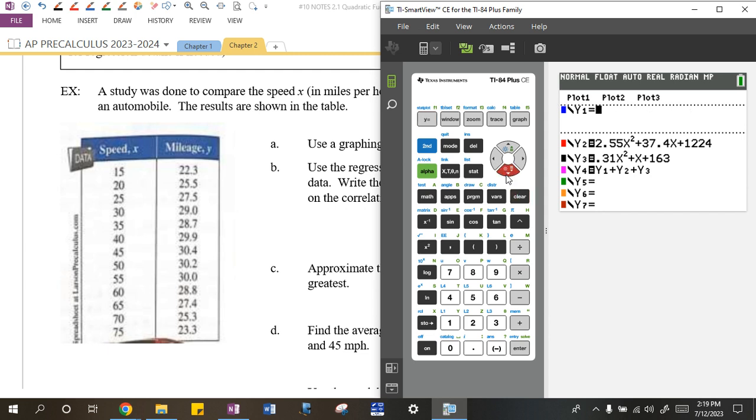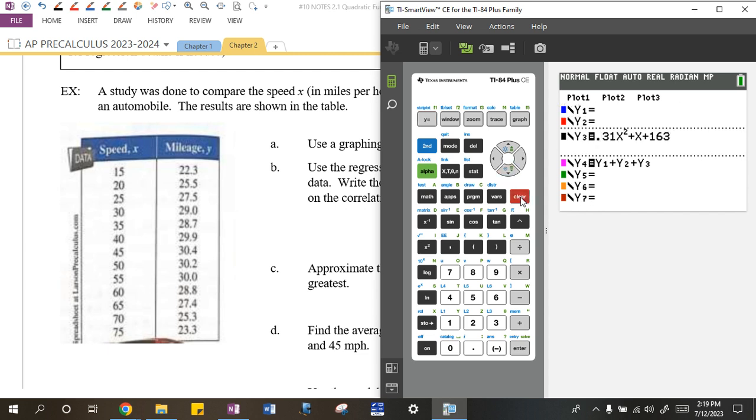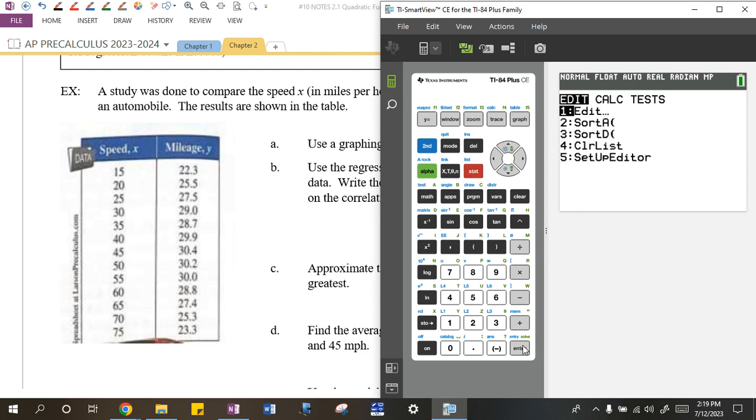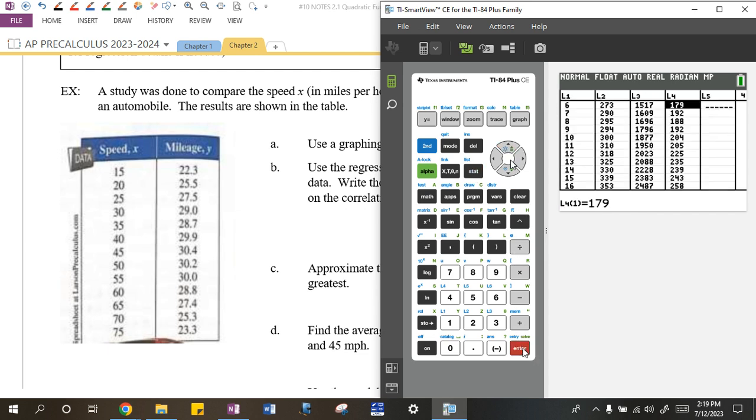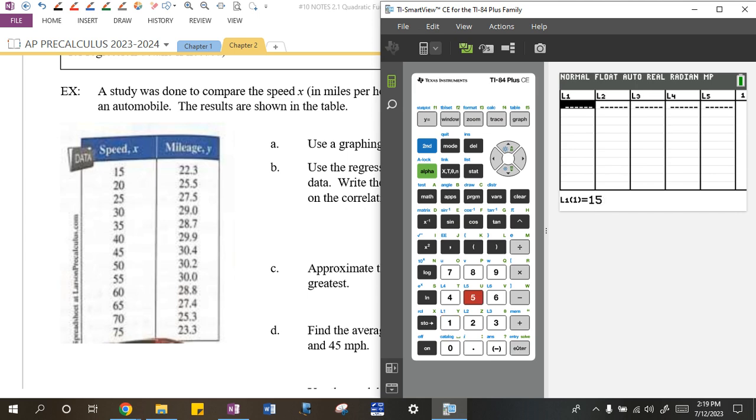Clear out any old equations that are in the y equals. Go to Stat, Edit, and clear out any old stuff that's in there. Go to the heading, press clear, press enter. Clear, enter, clear, enter. Enter the speed in L1.